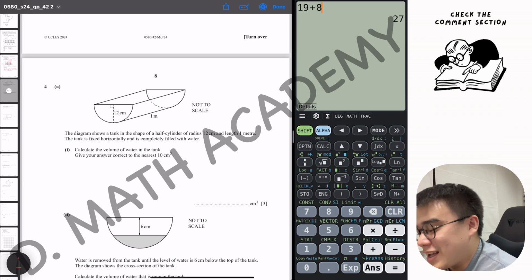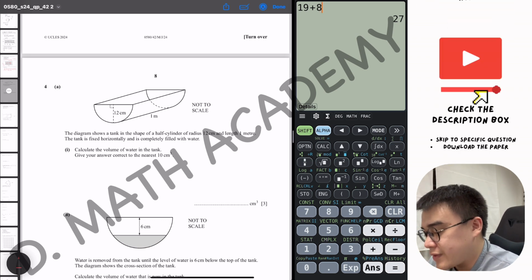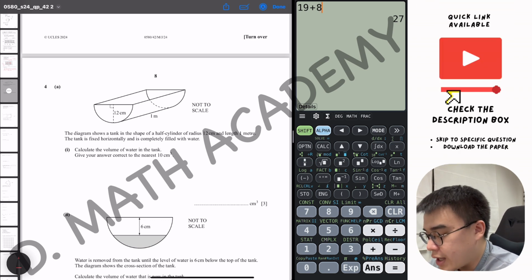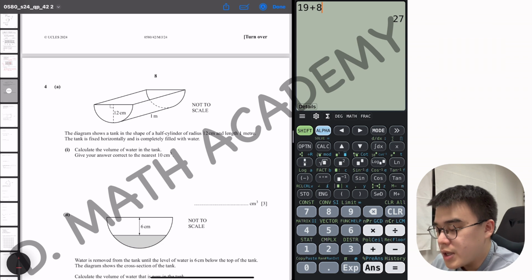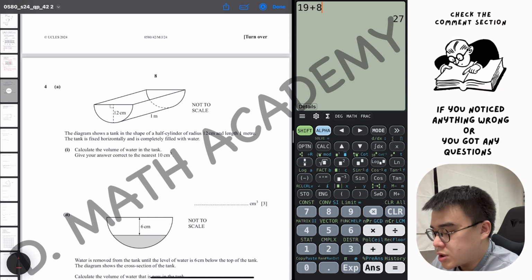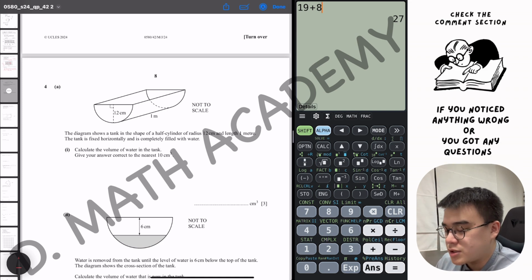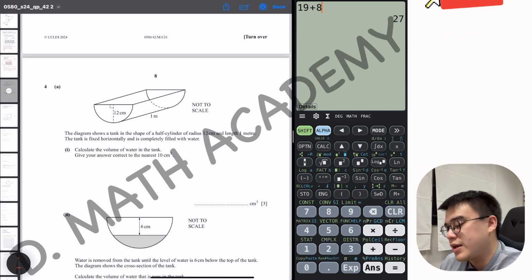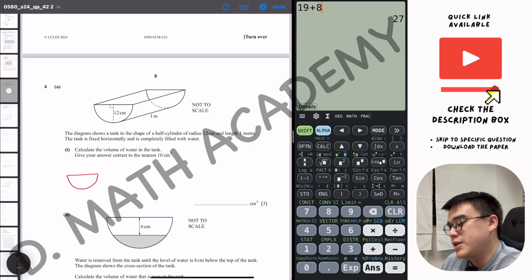The diagram shows a half cylinder with a radius of 12 and a length of 1 meter. The tank is fixed horizontally and completely filled with water. Find the volume of the tank. First thing first, I have to find the semicircle's area.